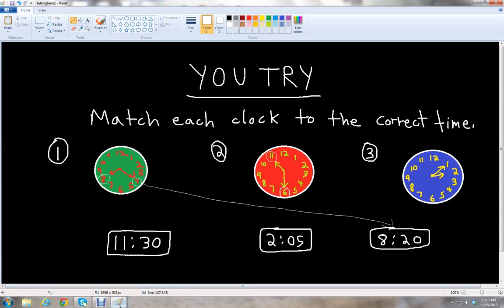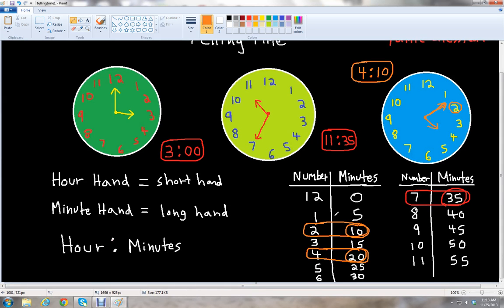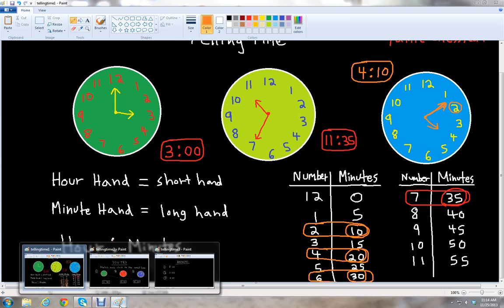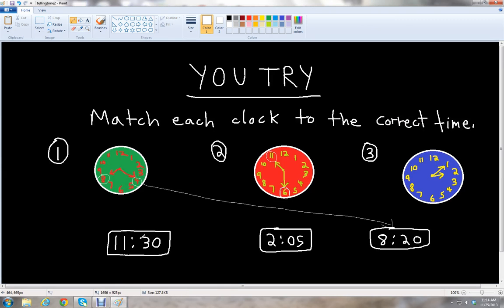So let's take a look here just to double check. If we look at the number 6, that's half past the hour, 30 minutes. So we're going to use 30 for the number of minutes. And then 11 is the hour, so it's going to be this time here, 11:30.